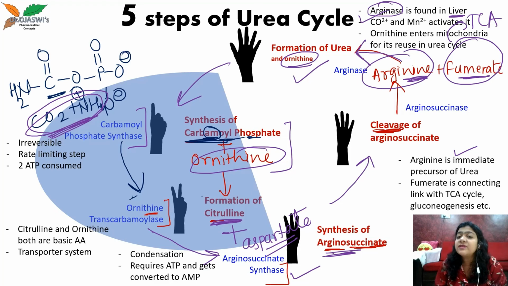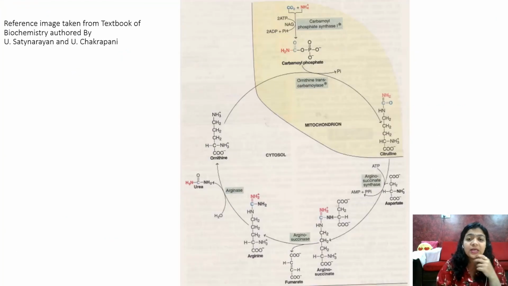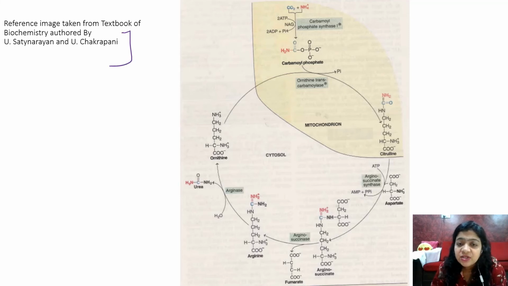This ornithine, which is formed in the fifth step, enters in mitochondria for its reuse in urea cycle. So in this simple way you can remember urea cycle very easily. You can see here in this particular image which I have taken from this textbook, the structures of the amino acids are given.